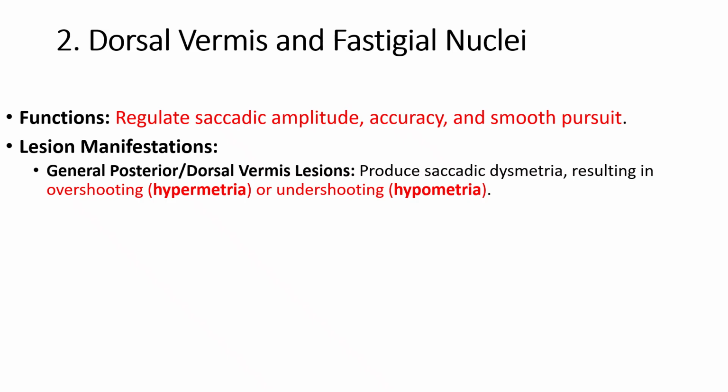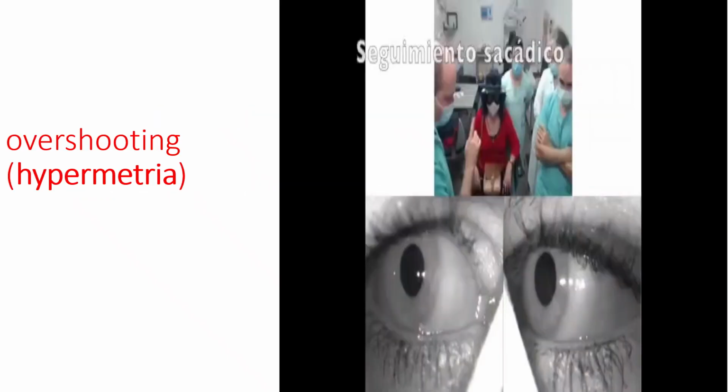The function is to regulate saccadic amplitude, accuracy, and smooth pursuit. The lesion manifestation is posterior or dorsal vermis lesions will lead to saccadic dysmetria, resulting in overshooting or undershooting. Overshooting dysmetria.